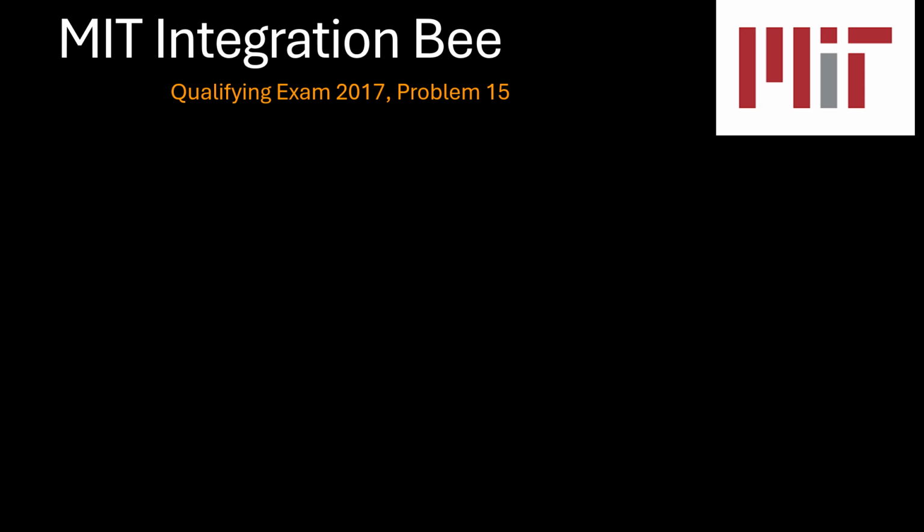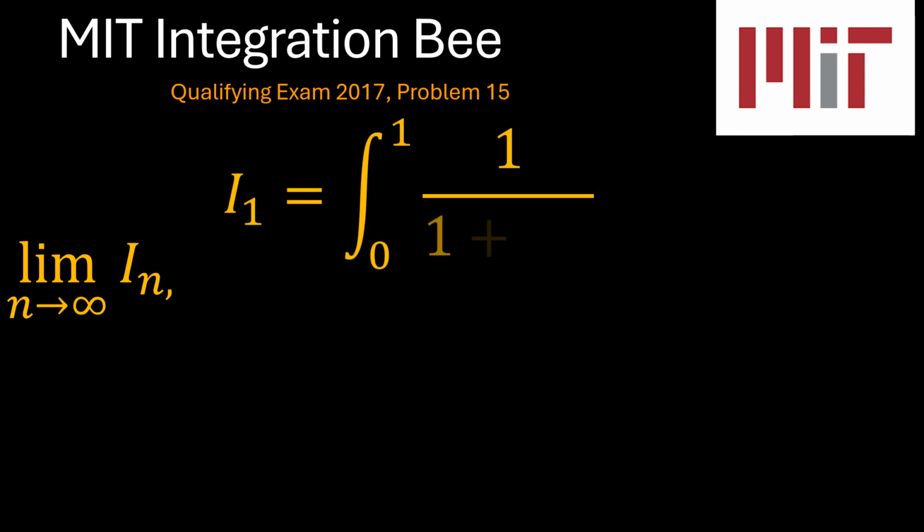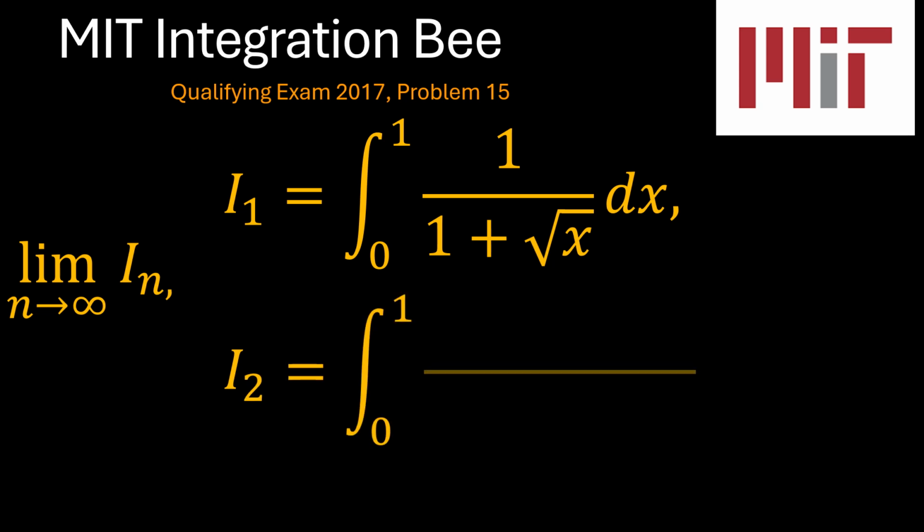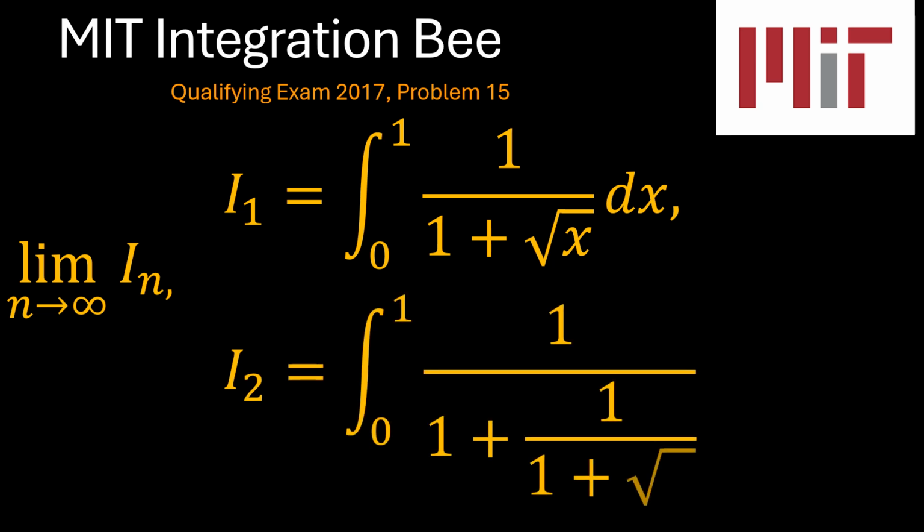So problem 15 seems intimidating, but yeah, it's easy. Problem 15 of the MIT Integration Bee qualifying exam 2017 is the limit as n tends to infinity of the integral I_n, where I_1 is the integral from x equals 0 to x equals 1 of 1 over 1 plus square root of x, and I_2 is the integral from x equals 0 to x equals 1 of 1 over 1 plus 1 over 1 plus square root of x.